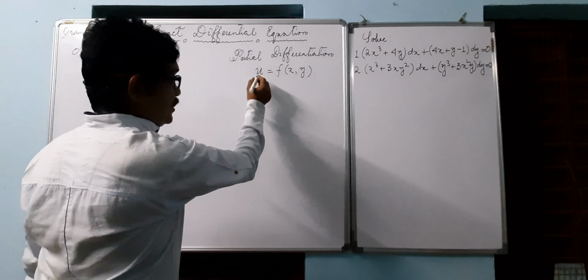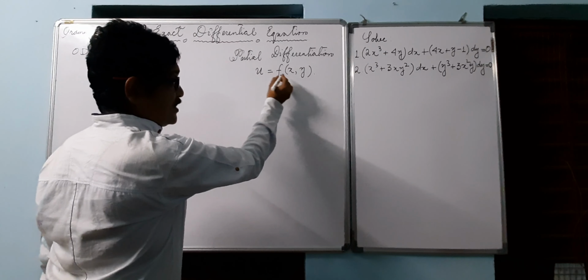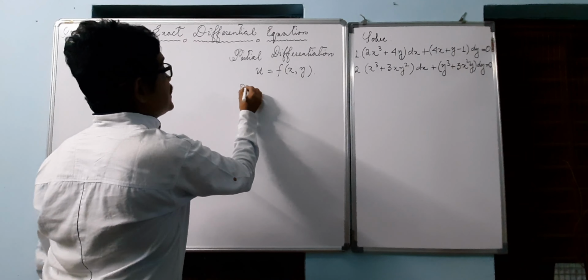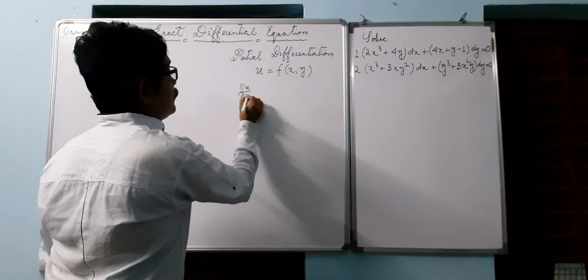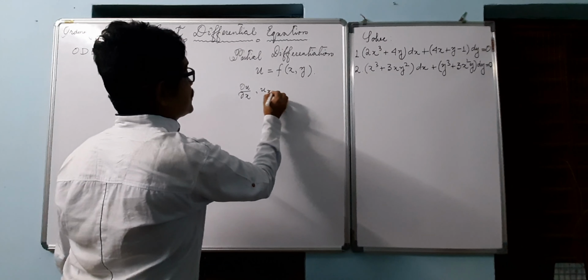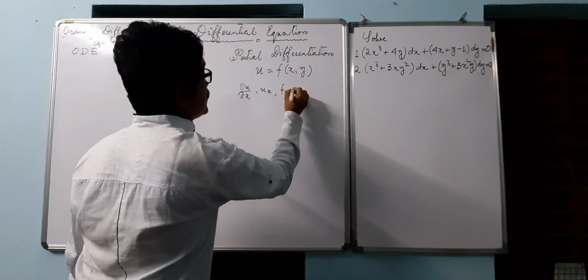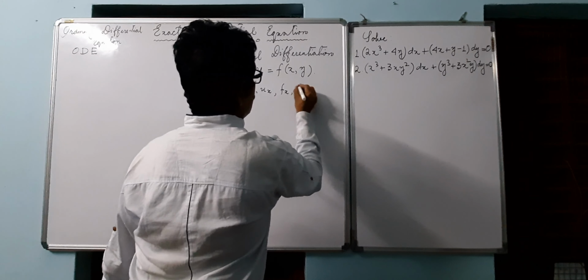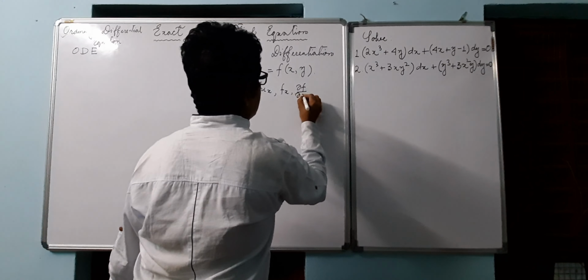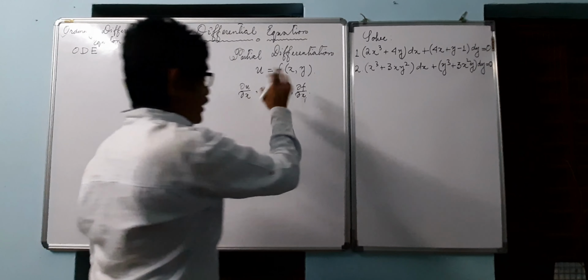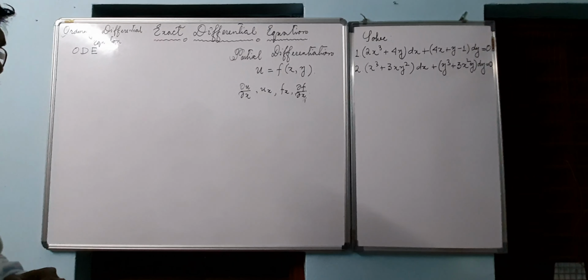The differentiation of the function u with respect to x, treating y as constant, is usually denoted by the symbol del u del x, or u suffix x, or f suffix x, or del f del x. So it is denoted by the partial differentiation of the function u or f with respect to x treating y as constant.